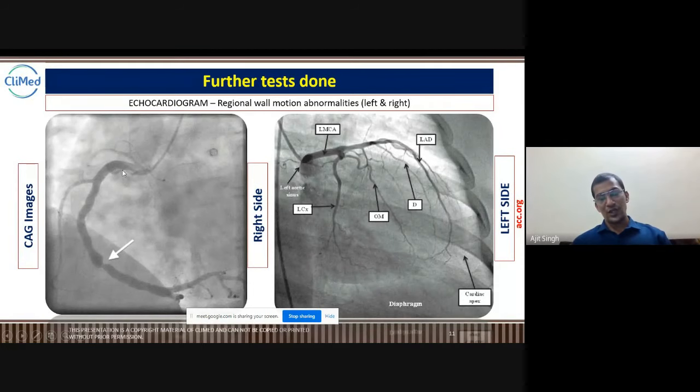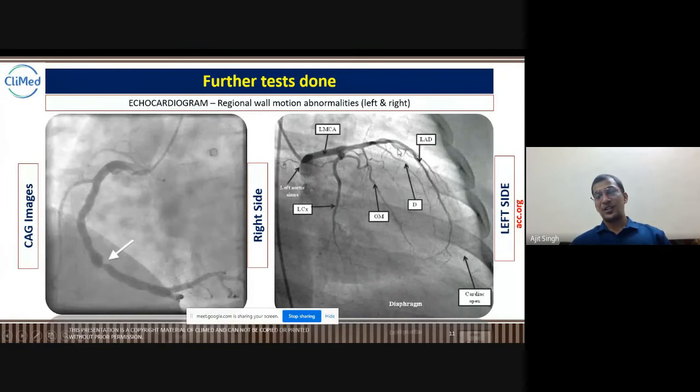So this is showing only right side coronaries. And if you look at this, this is showing left coronaries. So LMCA here you can see, and you can easily see this is blocked. This is not narrowed down, but the blood supply you can see is almost very faded.